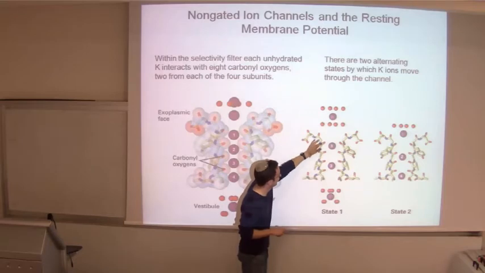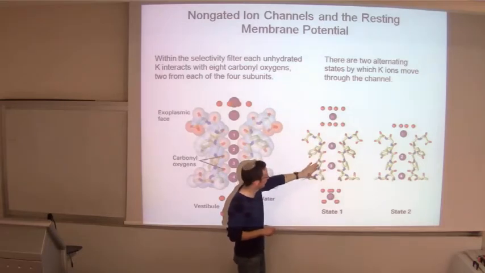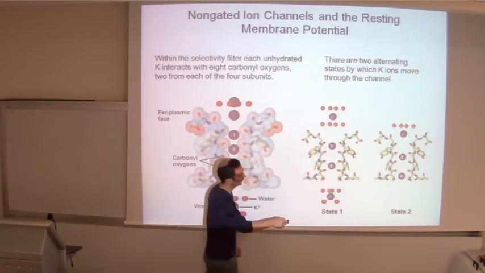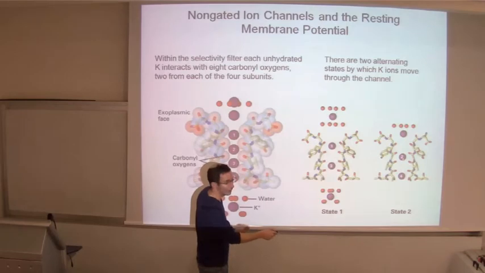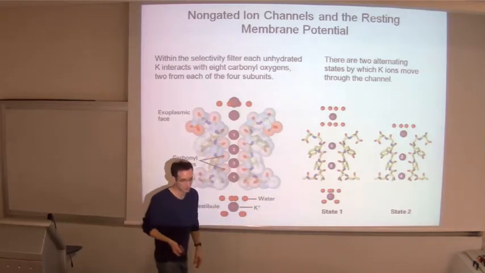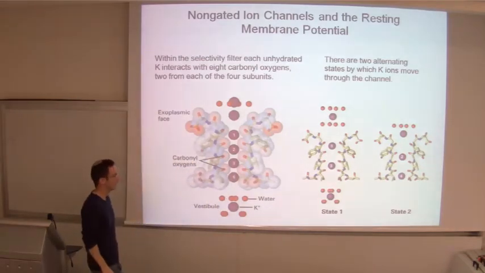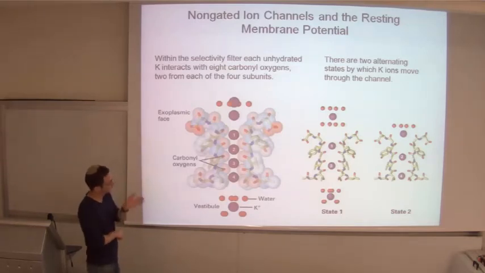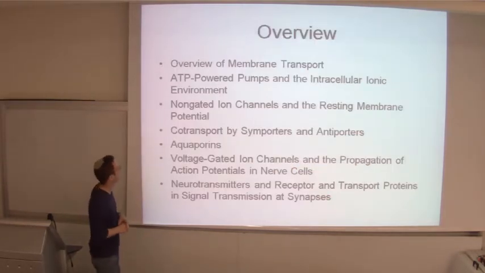They populate either the first and third spots, or the second and fourth spots in the next step. And in this way, each one gets 4 from one layer and another 4 from the other, from the subunits of the tetramer, and all in all 8 interactions with an oxygen. And that's the way it is stabilized. Okay, this was the selectivity filter of the potassium channel for potassium ions.